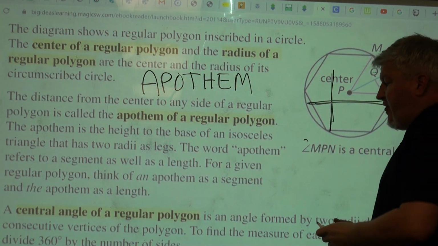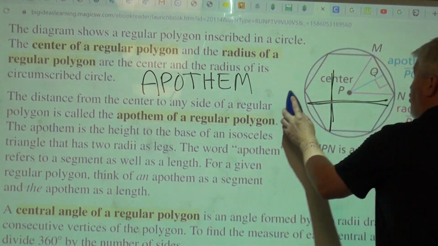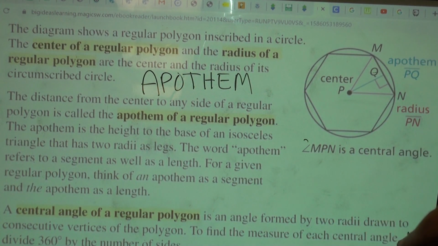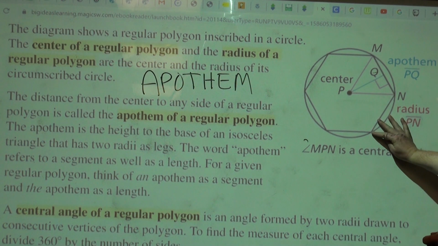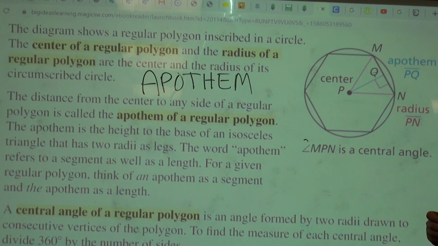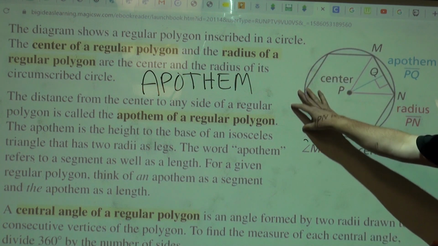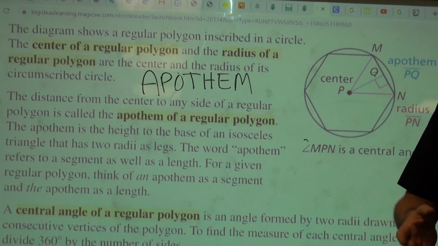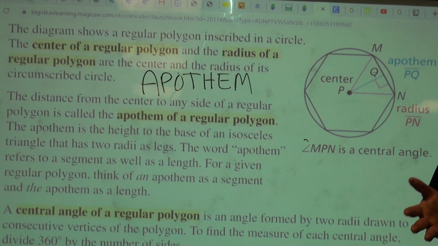This is going to be very introductory, so you have heard it and know what it is type of situation. An apothem. Okay? So, in this example, you have a regular hexagon inscribed in a circle. What that means is this: if it's called a regular hexagon, it means all sides of that hexagon are equal.